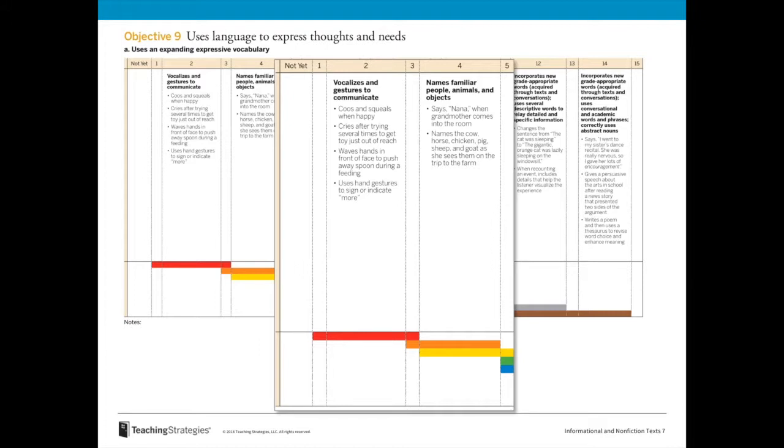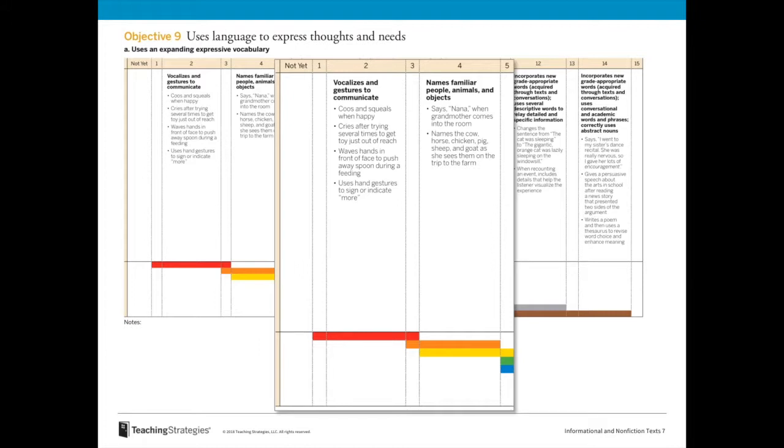Even in utero, we're learning to hear and distinguish the sounds around us. And we know that even the youngest babies will be able to understand their mother's voices and their mother's language more than someone they haven't heard for 9 to 10 months in utero. So at the very beginning, we expect babies to be able to vocalize and gesture to communicate.